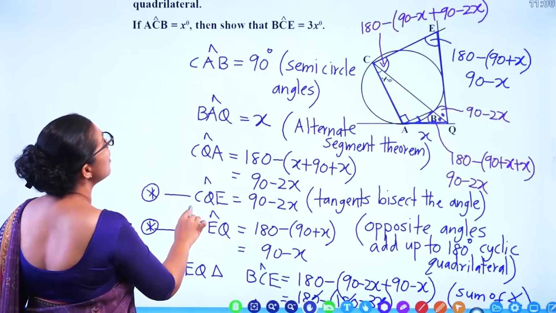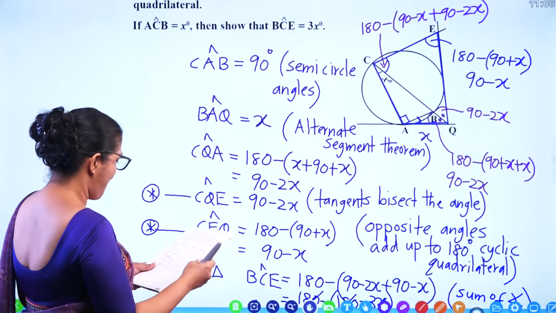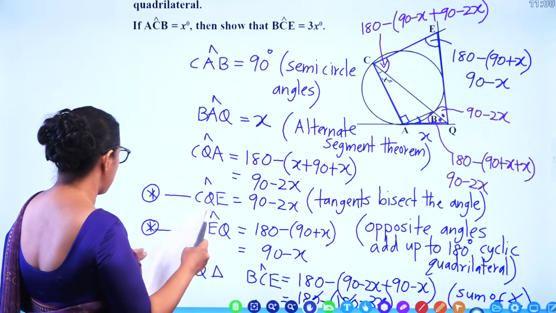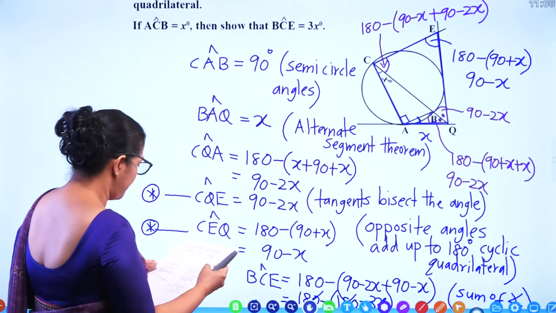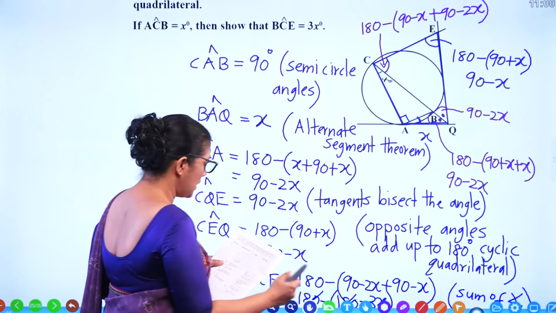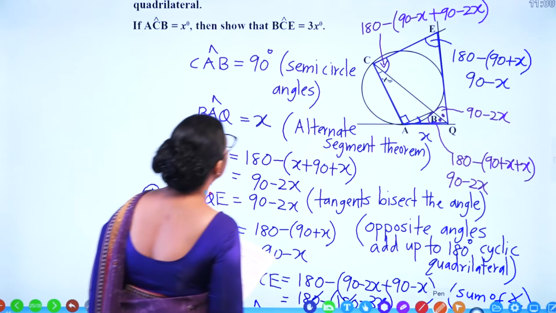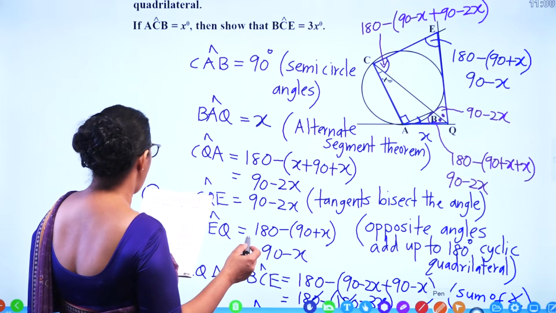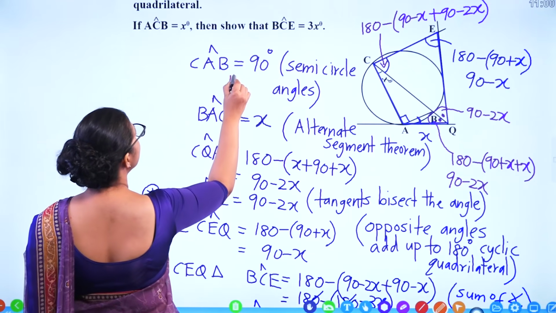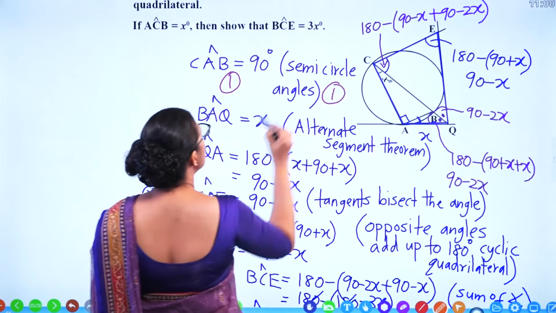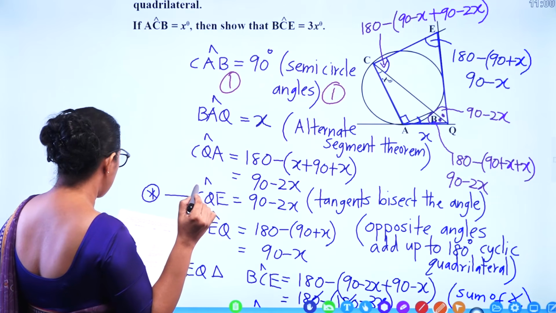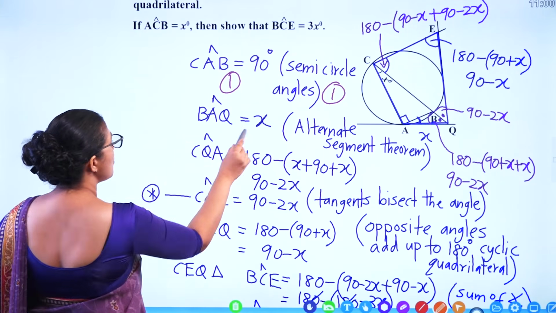Now we'll see how many marks. So you are getting, this is 9th question. CAB 90 degrees, 1 and 1. Semicircle angles. And BAQ x, and this is also x.